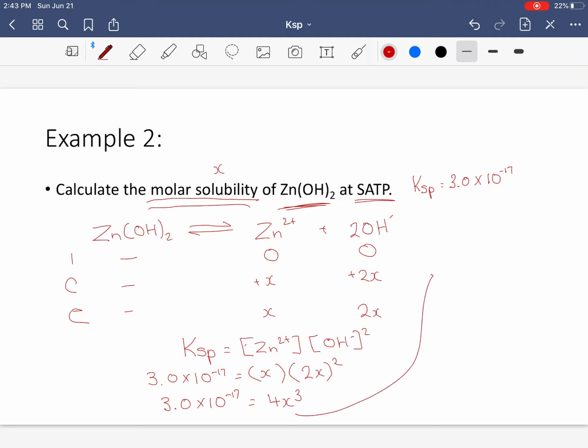Okay, so x is equal to the cube root of 3.0 times 10 to the power of negative 17 over 4. This is going to take me a long time because I'm not sure if I know how to do a cube root in my head.